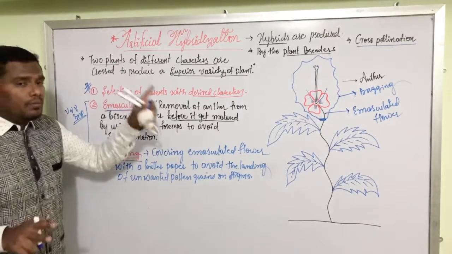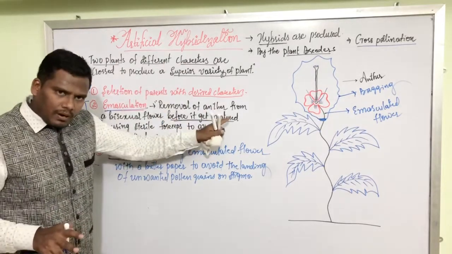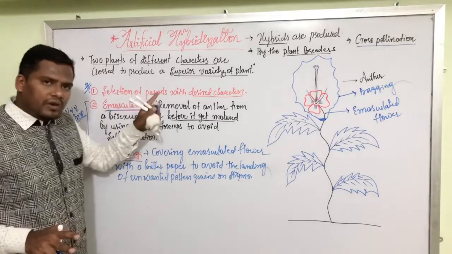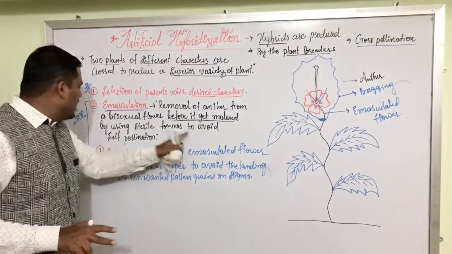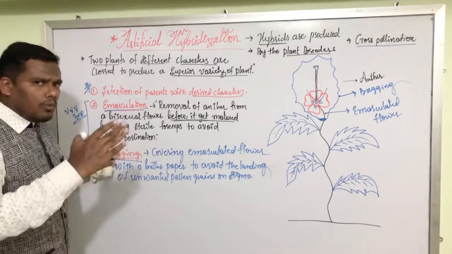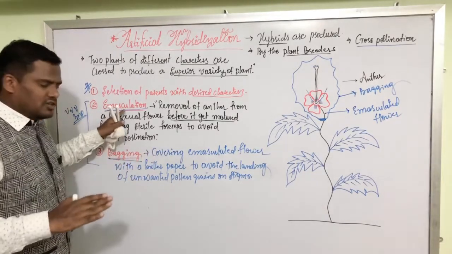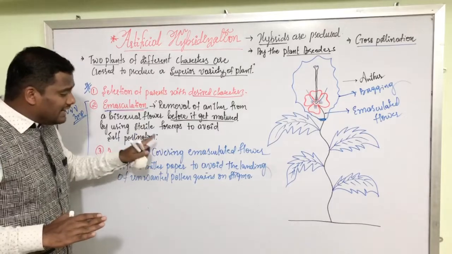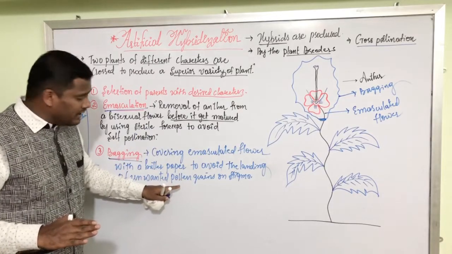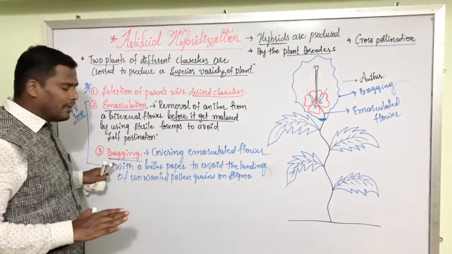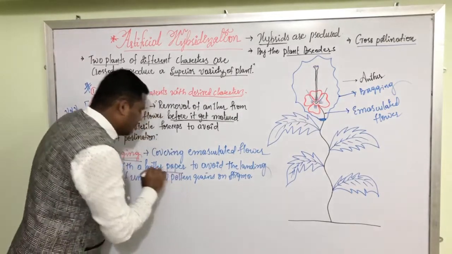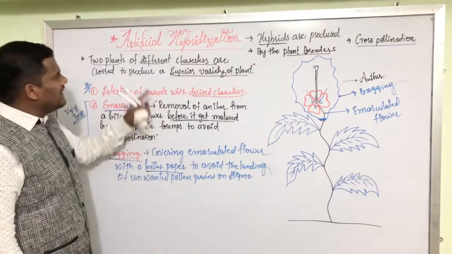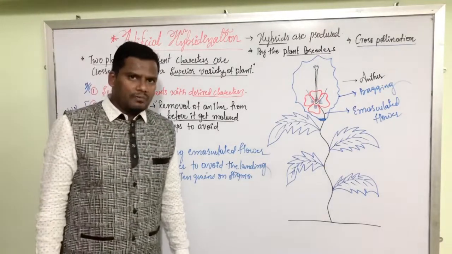Emasculation means removal of anther from a bisexual flower before it gets matured by using sterile forceps to avoid self-pollination. To avoid self-pollination, we are doing emasculation, and to avoid the contamination of unwanted pollen grains, we are covering the stigma with a bag, and that bag is nothing but a butter paper bag. This is the artificial hybridization, my dear friends.